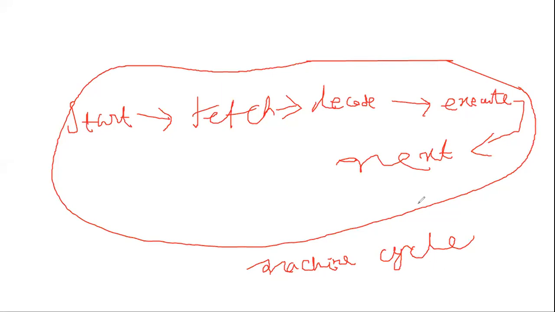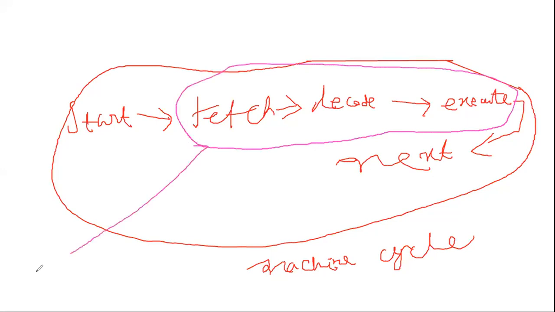And only fetch, decode, and execute, this portion is called the instruction cycle. That is the machine cycle, and this is the instruction cycle.